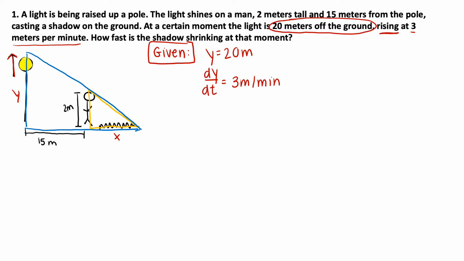And then they're asking me, how fast is the shadow shrinking at that moment? So they want me to find the change in my shadow, or the change in x. So dx/dt, that is the question. So in order to do that, we're actually going to use similar triangles. So I'm just going to label what we're doing here. We're going to use similar triangles to set up a proportion.